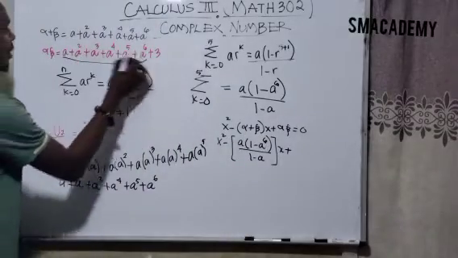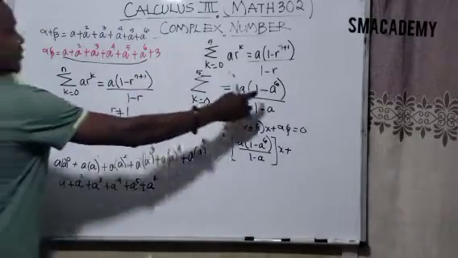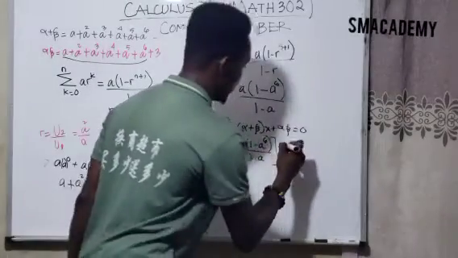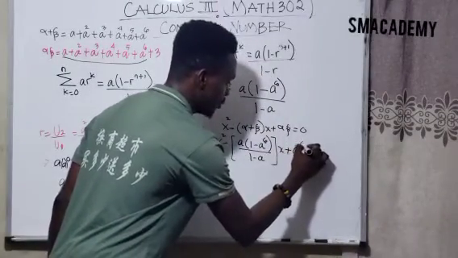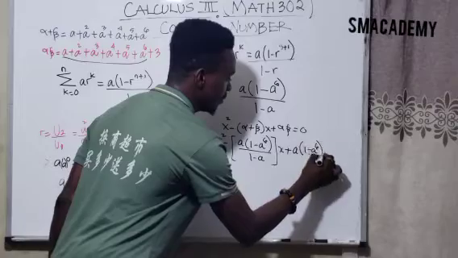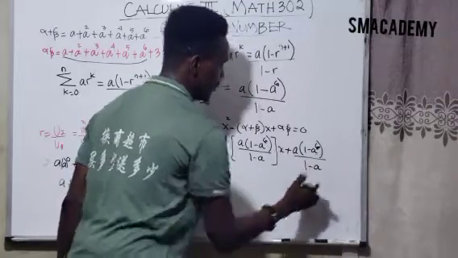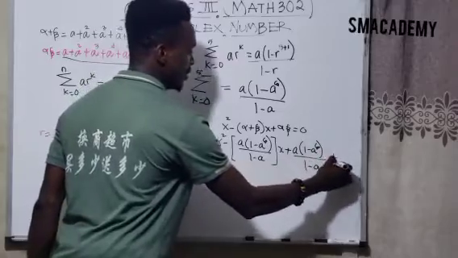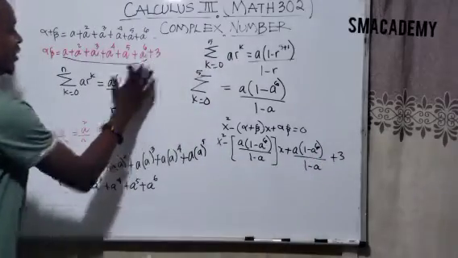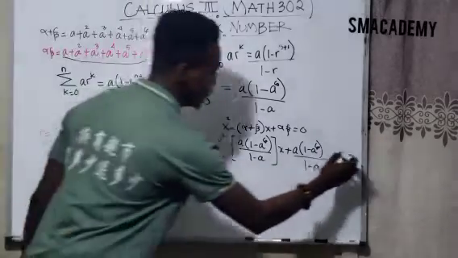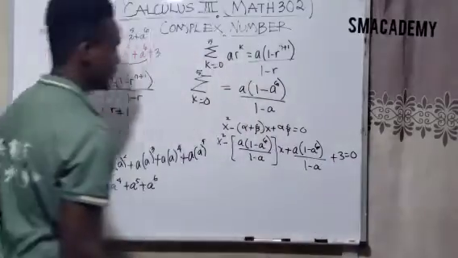From here all the way here is this series. So we have a times (1 minus a to the 6th power) all divided by 1 minus a plus 3, because we have plus 3 at the end. So we can simplify, should be equal to 0.